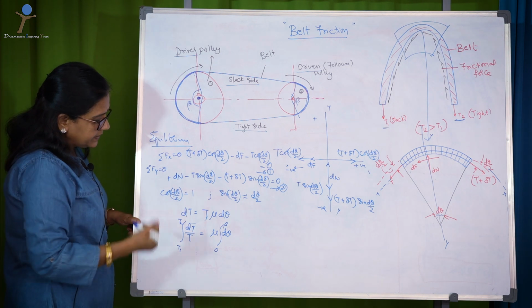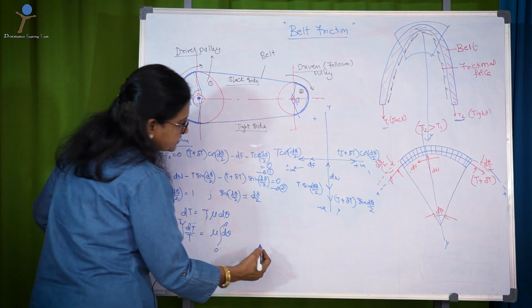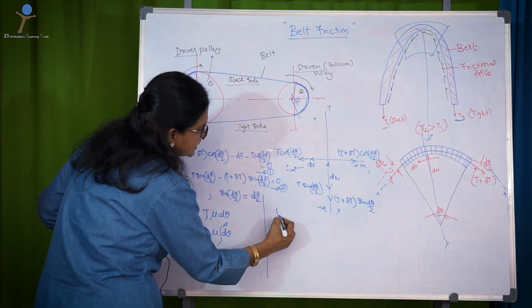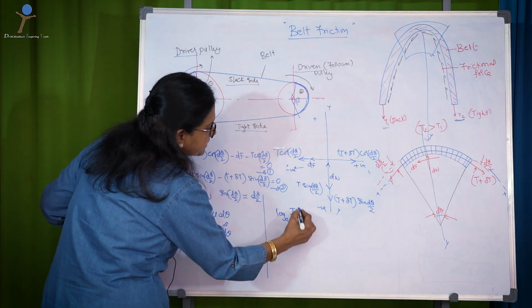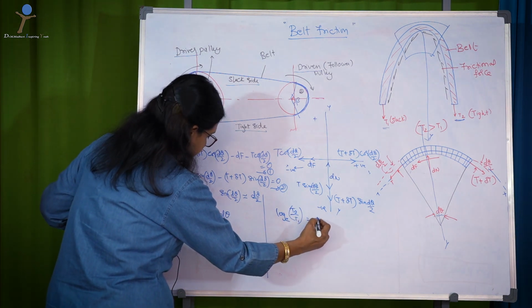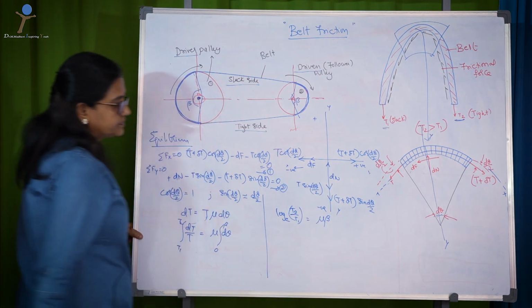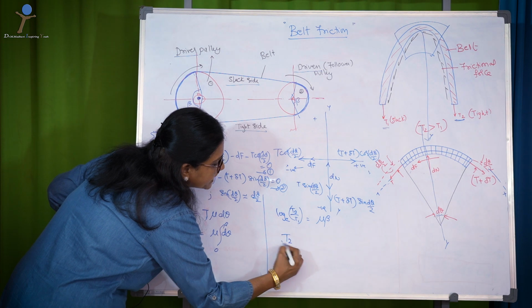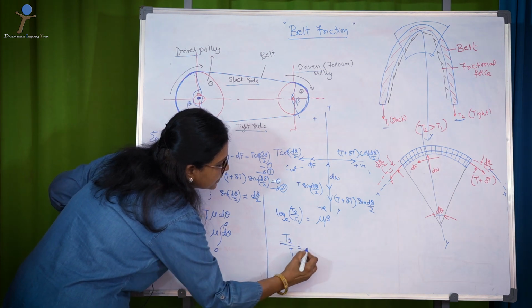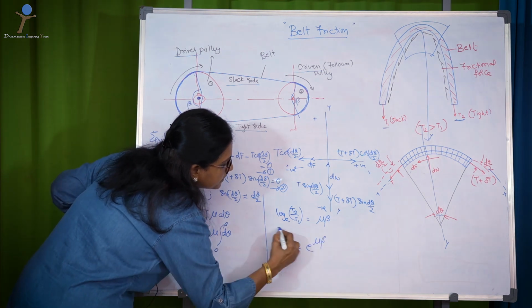Okay, then when you solve this, it comes as logarithmic e of T2 by T1 equal to mu beta, or I can call this T2 by T1 equal to e to the power mu beta.